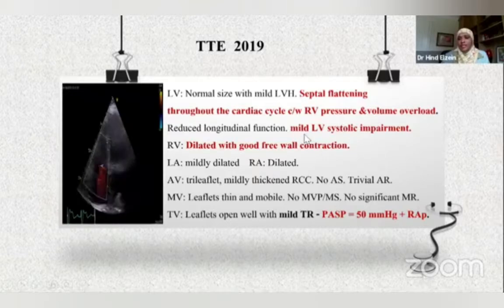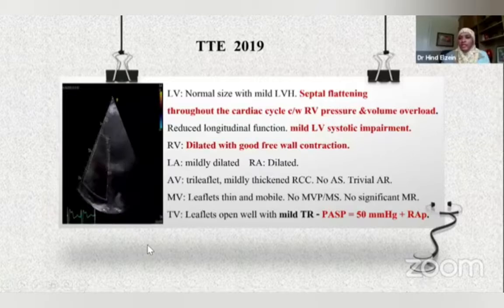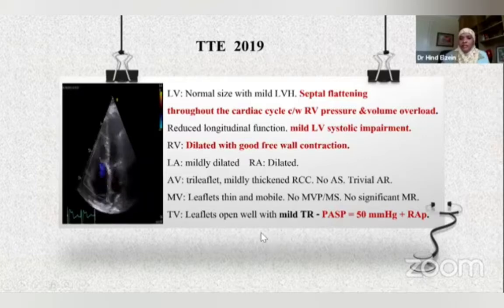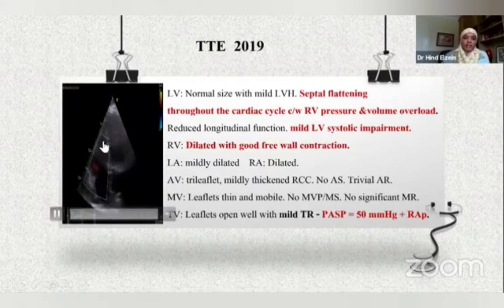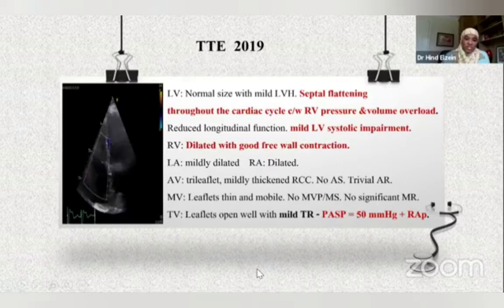They reported the LV function as mildly impaired, but I do agree with you, Ahmed. It appears to be normal contractility of the LV cavity, and the RV is, as you mentioned, dilated, with reasonable RV function also mentioned in the report.